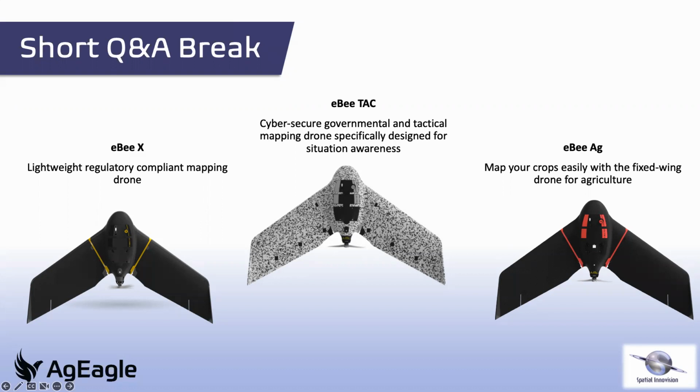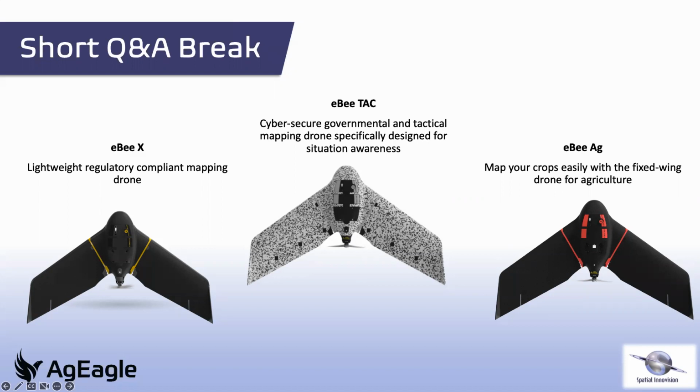The other question is whether the drone camera is on a 2 or 3 axis gimbal. Okay, thanks for that question. With the eBee X, it has interchangeable cameras, right?